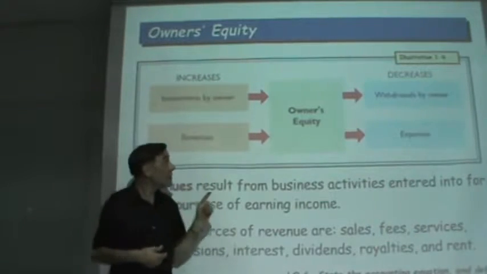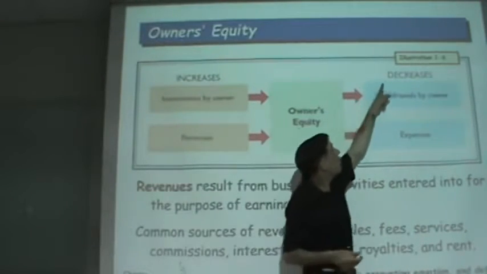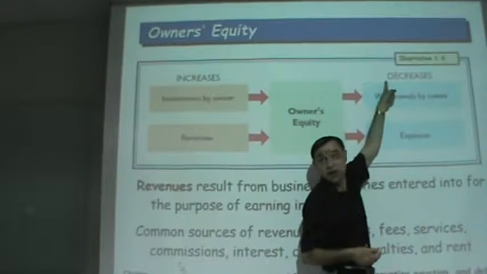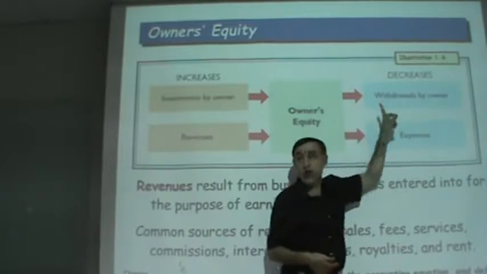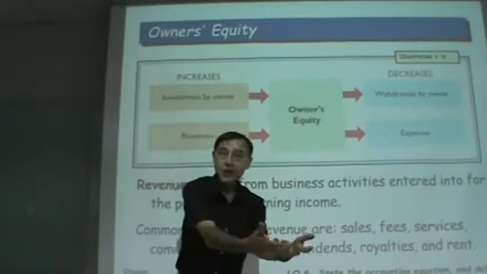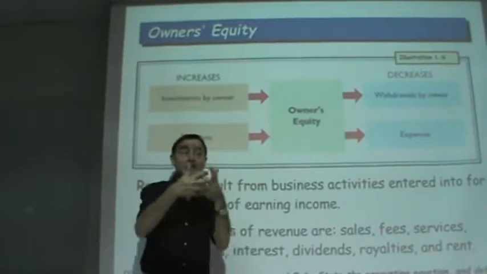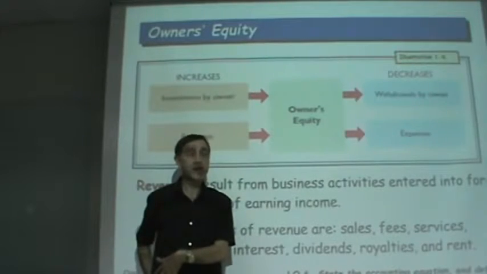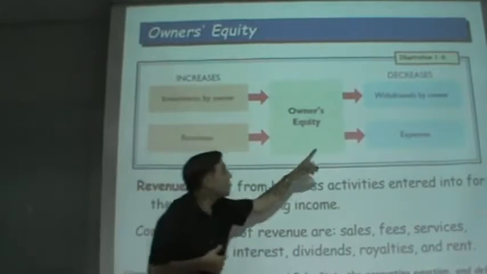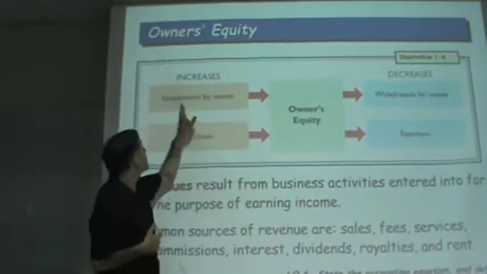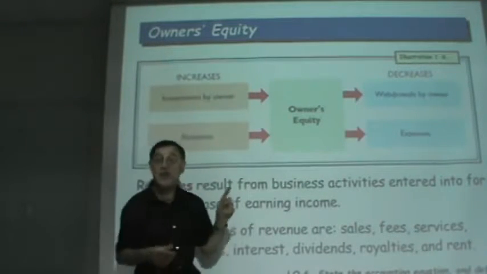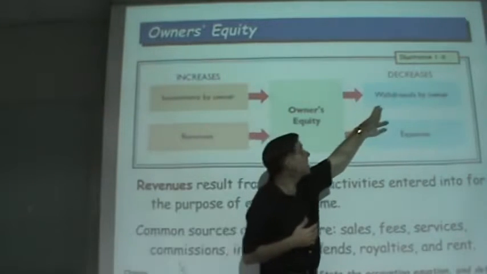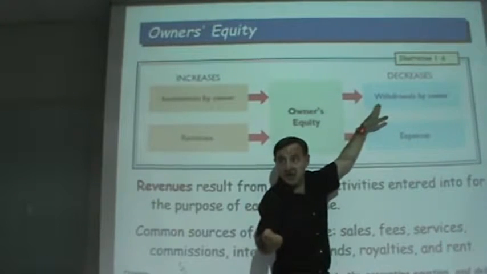And then owner's equity goes down, we say decreases, when the owner withdraws. To withdraw means to take money out of the business and into his pocket. So withdrawal is the opposite of investment. Now, the correct term for withdrawal is dividend.